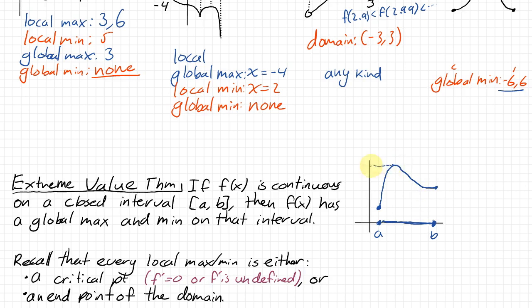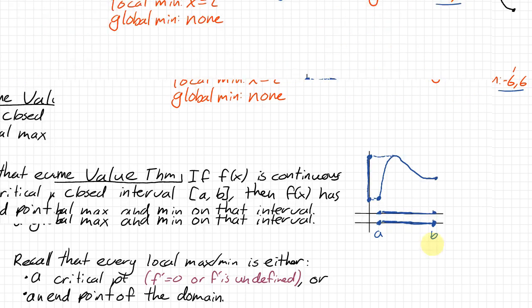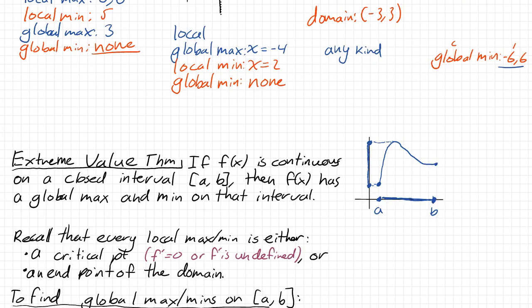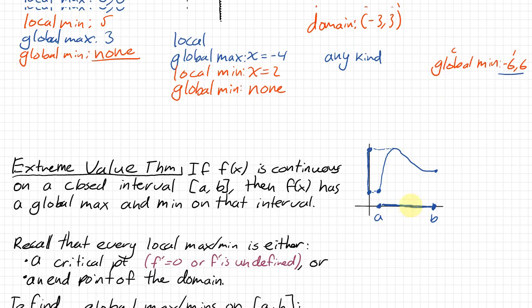It's going to have a maximum or minimum somewhere, and if it doesn't have a critical point, then the maximum or minimum ends up being at the endpoints like this. So this theorem is a little bit of common sense maybe, but it's actually a little tricky to prove, and we're not really proving too much stuff in this class. But it's mostly used to prove other things.